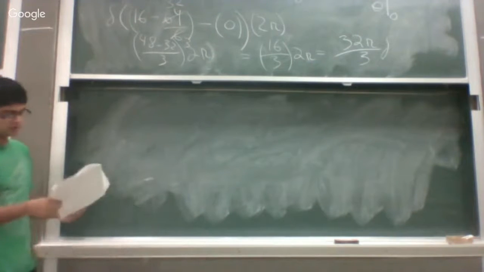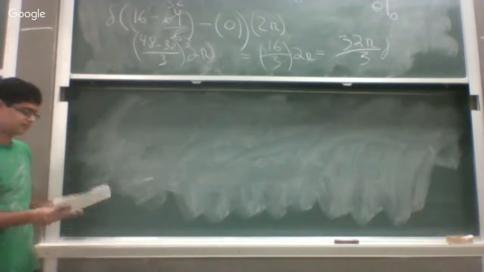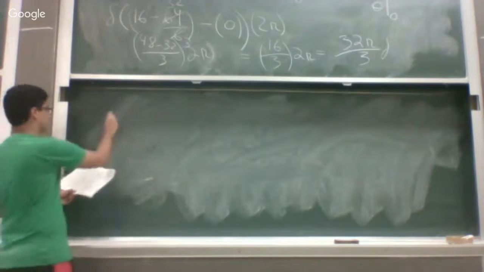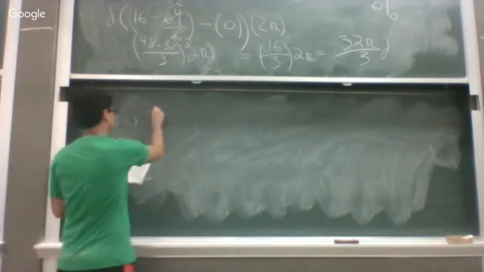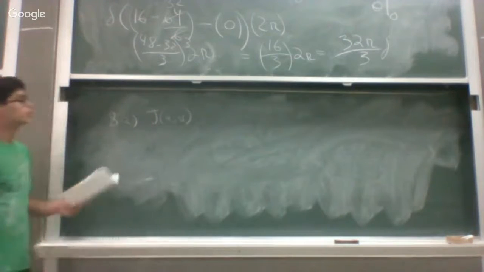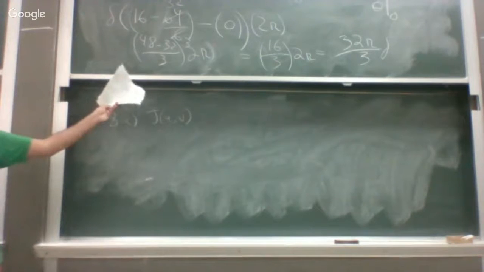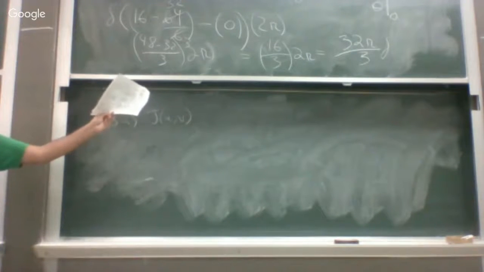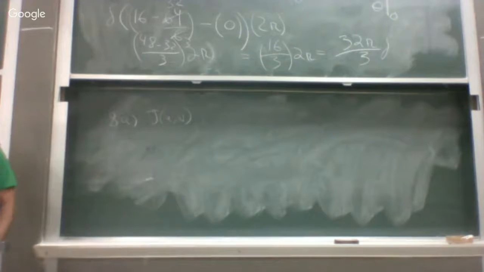Did I draw out the Jacobian shape? Yeah. Okay. So, any questions on that? No? Are you guys good to move on?